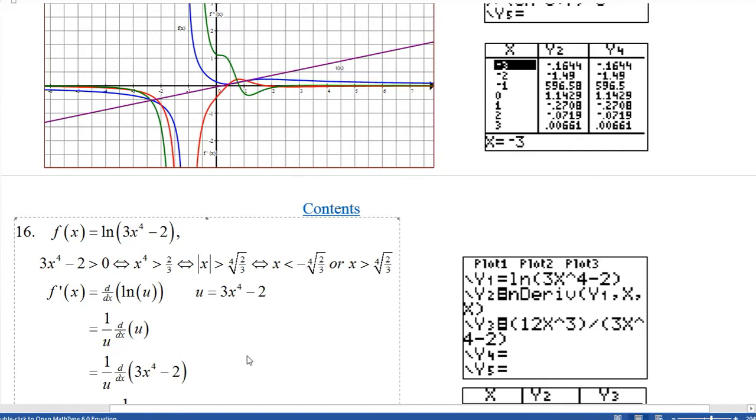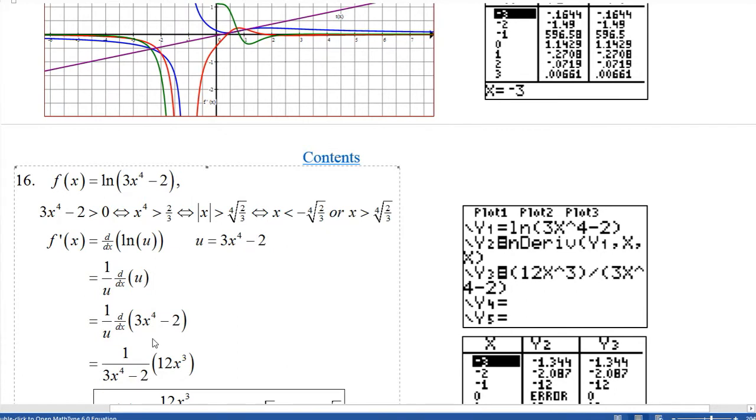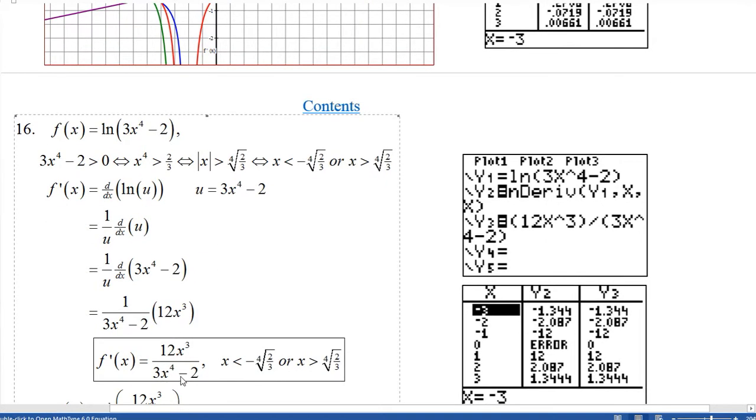Chain rule is always used in conjunction with another rule. The derivative of this polynomial, 3x to the fourth minus 2: the derivative of 2 is 0, but the derivative of 3x to the fourth is 12x cubed. So this becomes 12x cubed over 3x to the fourth minus 2, but with this restriction that x has to be less than negative the fourth root of 2/3 or greater than the positive fourth root of 2/3.